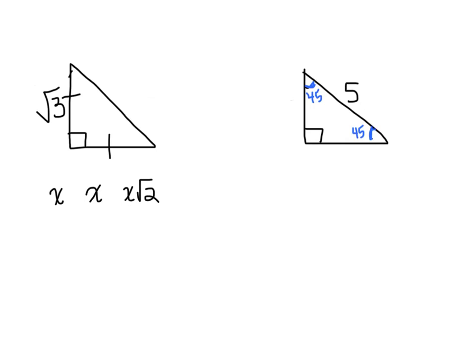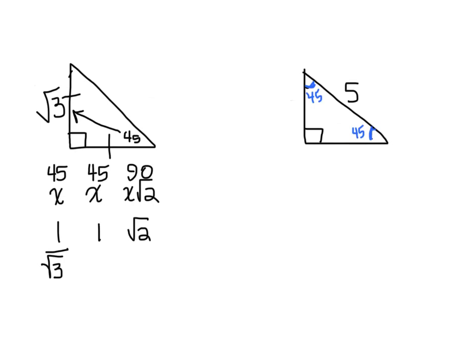I like to use 1, 1, and root 2. And what I know is this is a 45, 45, 90 triangle. And this side that I'm given is opposite of 45. So I'm going to put it under one of the ones.